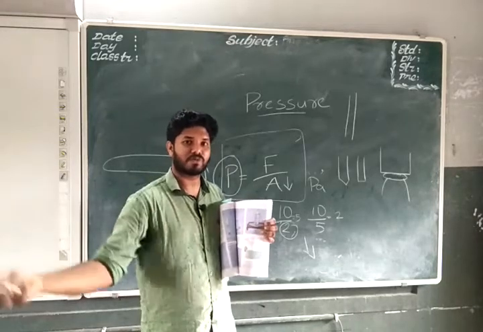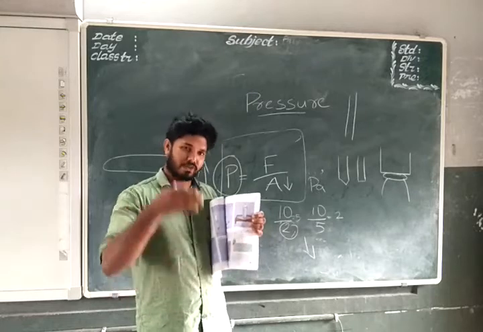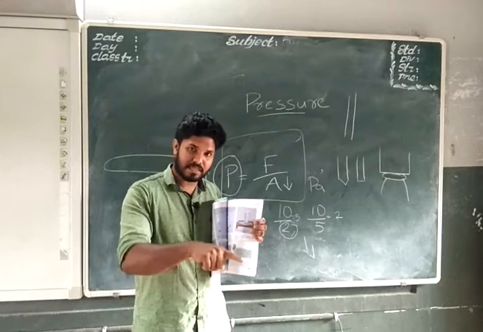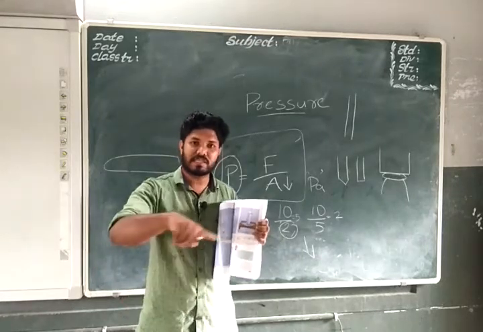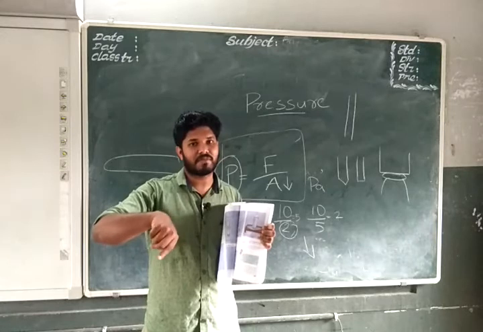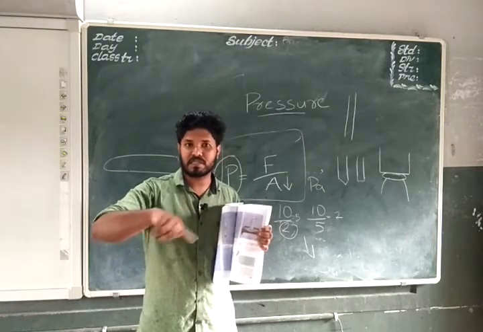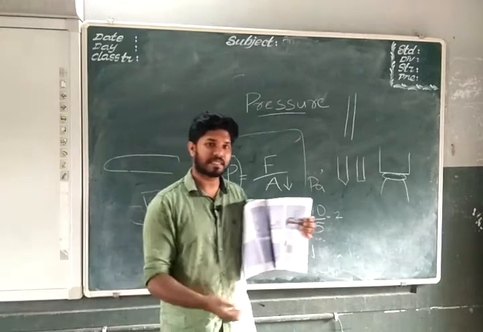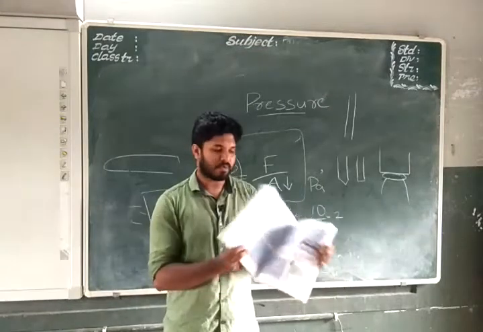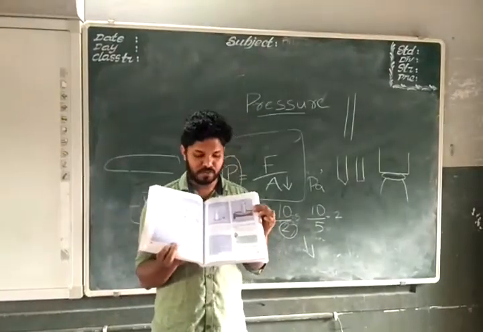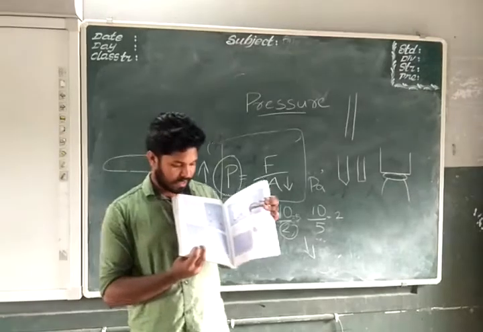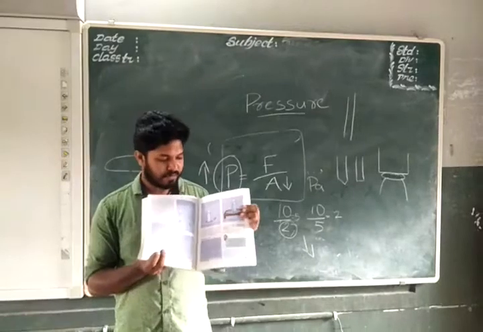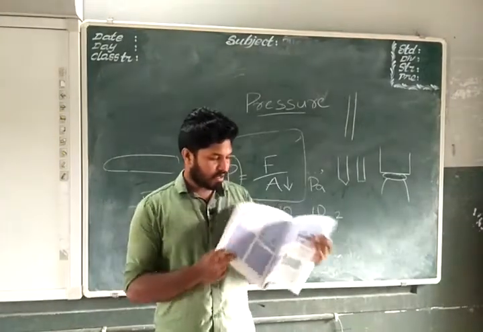The water will flow more through it. So pressure increases with depth, and holes made at the same depth will have the same pressure. They experience the same pressure, but as we go down, pressure increases inside water. This is demonstrated in activity 11.10. So that is activities 11.8, 11.9 and 11.10.